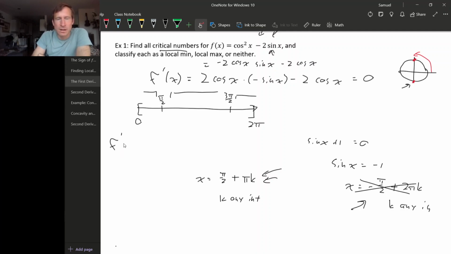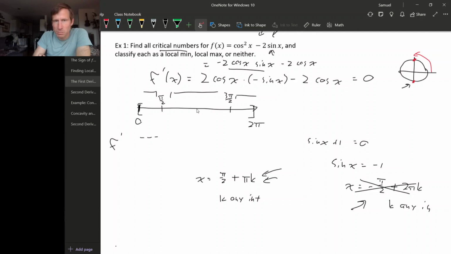Okay. So on this first interval, let's plug in 0. If we plug 0 into this, then this first part turns into 0, and the second part becomes plus 1. So minus 2 times plus 1 is minus 2. So here the derivative is negative.